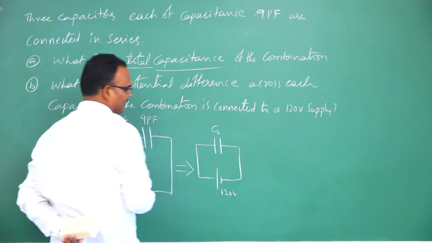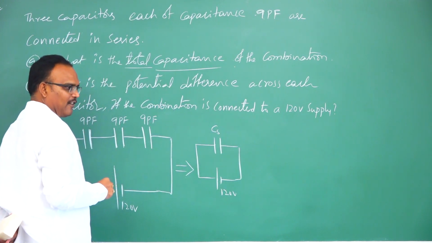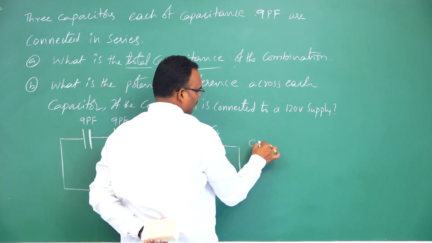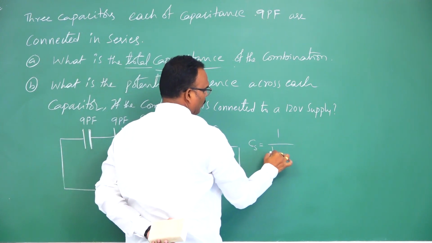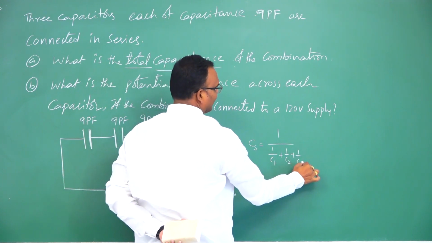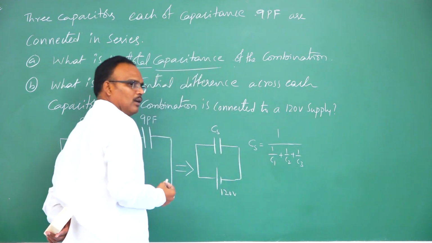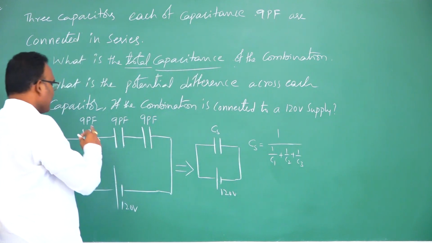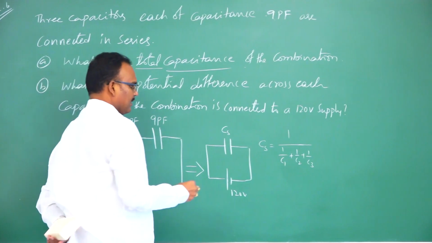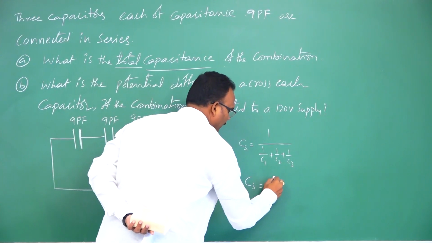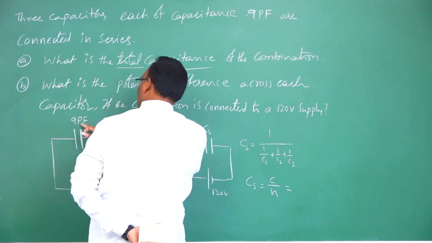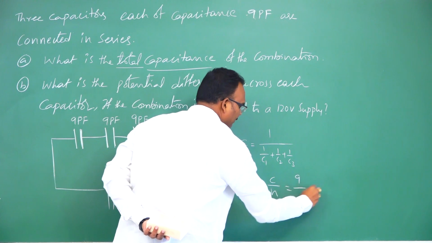That is CS. We know the formula for CS. CS is 1 by C1 plus 1 by C2 plus 1 by C3. Even if the capacitors are identical, then the formula is C by N. That means here the capacitance of each capacitor is 9 picofarad.